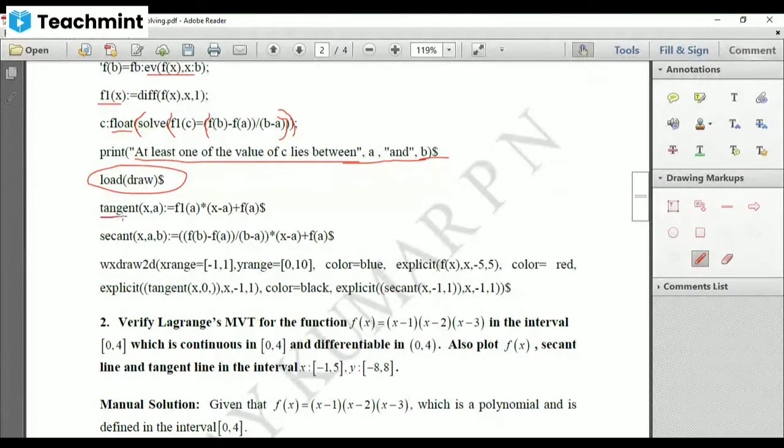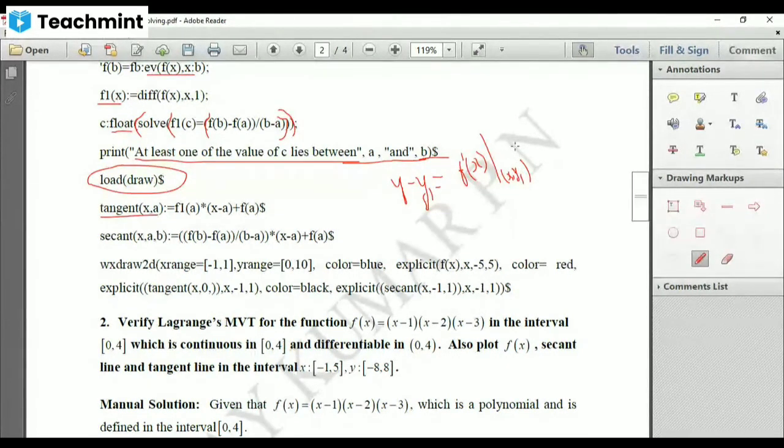You know how to find the tangent of a line, right? It is given by y minus y1 is equal to f dash of x, that is the derivative f dash of x at the point x1 comma y1, right?